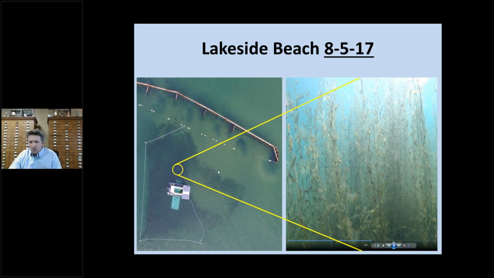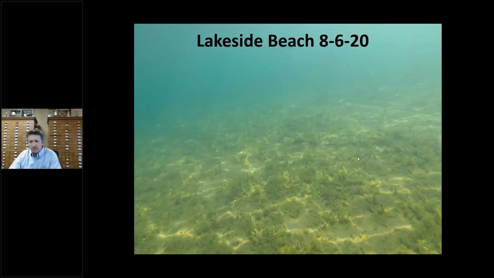Just wanted to show what we were dealing with then. Then we had 2 years of UV treatment. And this picture was taken back in August before treatment. Same exact location. We did not identify any curly leaf. There was milfoil and chara, and that's throughout the whole beach. So that was a real benefit this year.